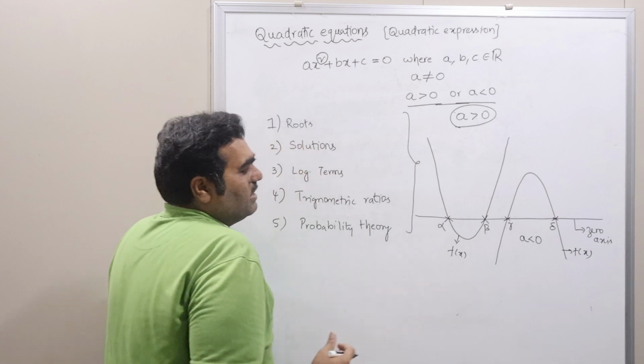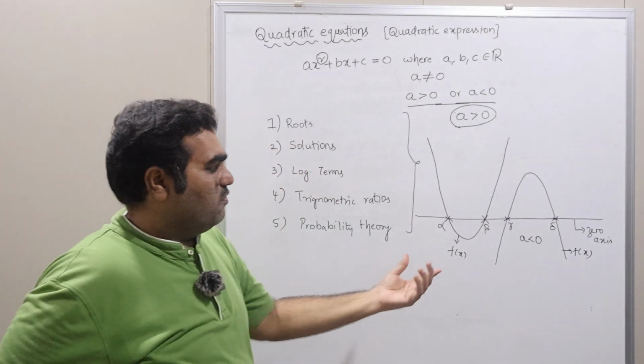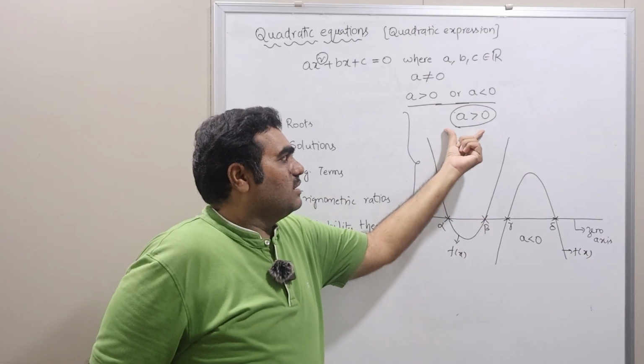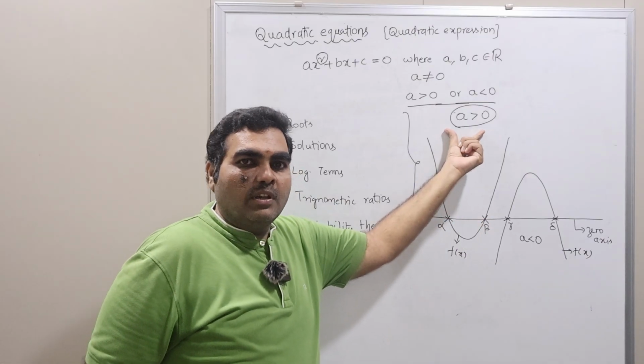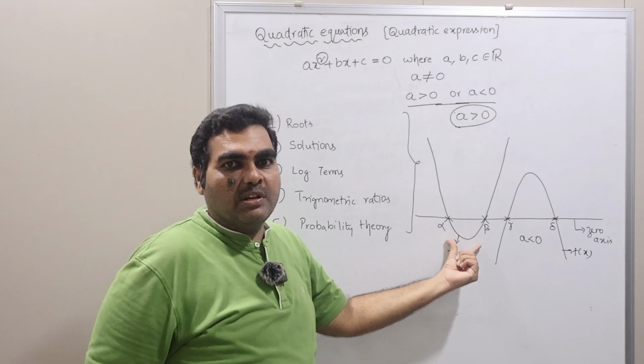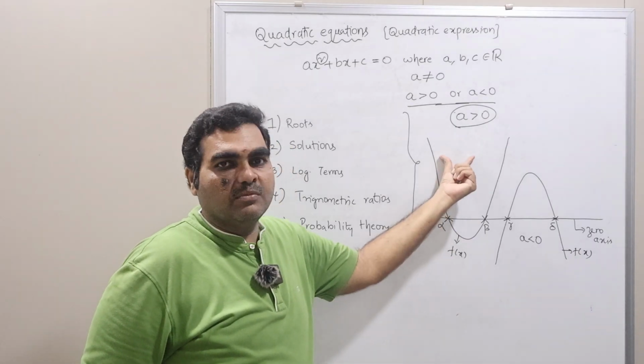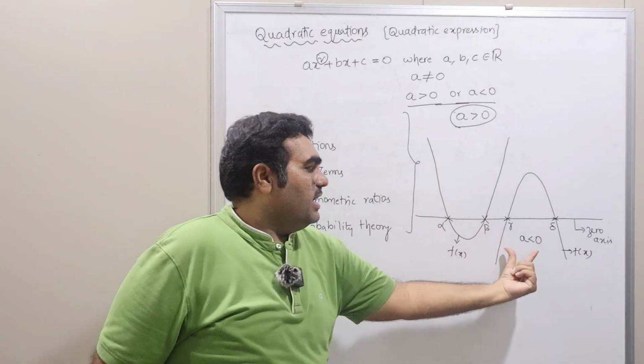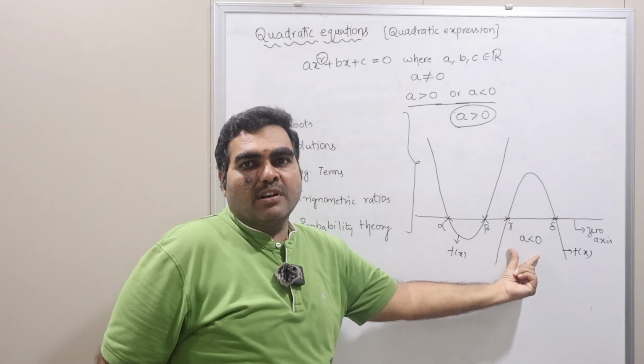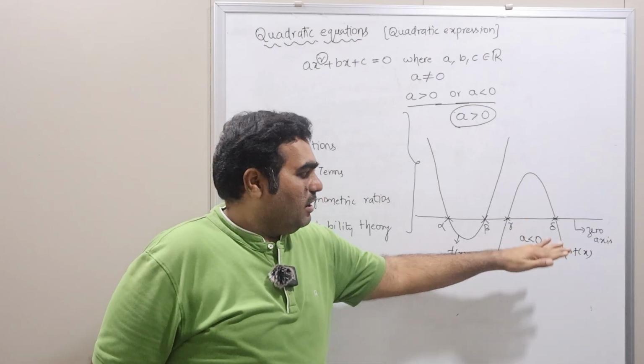Now it is very clear. After observing these two figures, you can realize that when a is positive, the function is concave in shape and faces upwards, towards the 0 axis. When a is negative, the function is still concave, but it faces downwards.